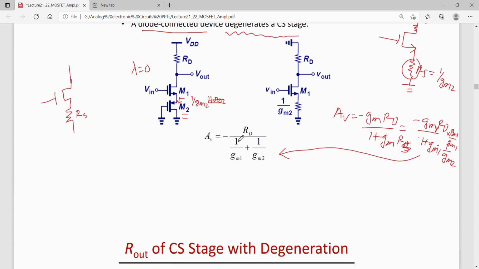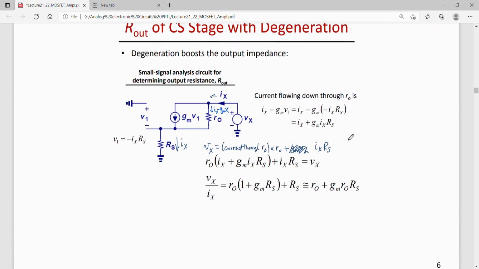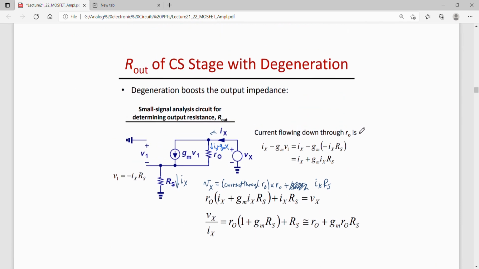Now the output impedance of this circuit can also be found. For finding the output impedance, we need to draw the small signal model circuit, which is drawn here. In the small signal model circuit, we are considering lambda not equal to 0 to find Rout. So we see R naught over here and Rs, which represents 1 by Gm2.